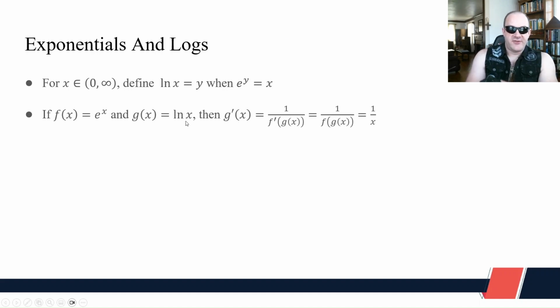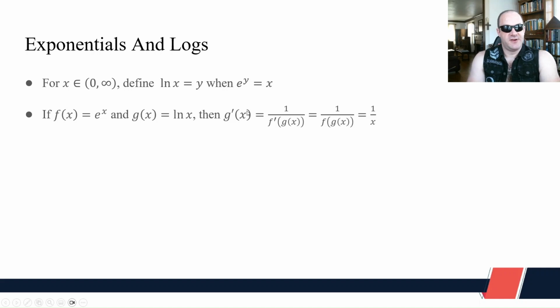And so we're going to use this explicitly here and implicitly later on in the talk. We're going to say, well, look, what's the derivative of natural log of x? And the answer is, well, we already have a general formula for the derivative of the composition of functions. And in particular, when you compose a function with its inverse and get x, you can calculate the derivative of the inverse function in terms of the derivative of the original function.